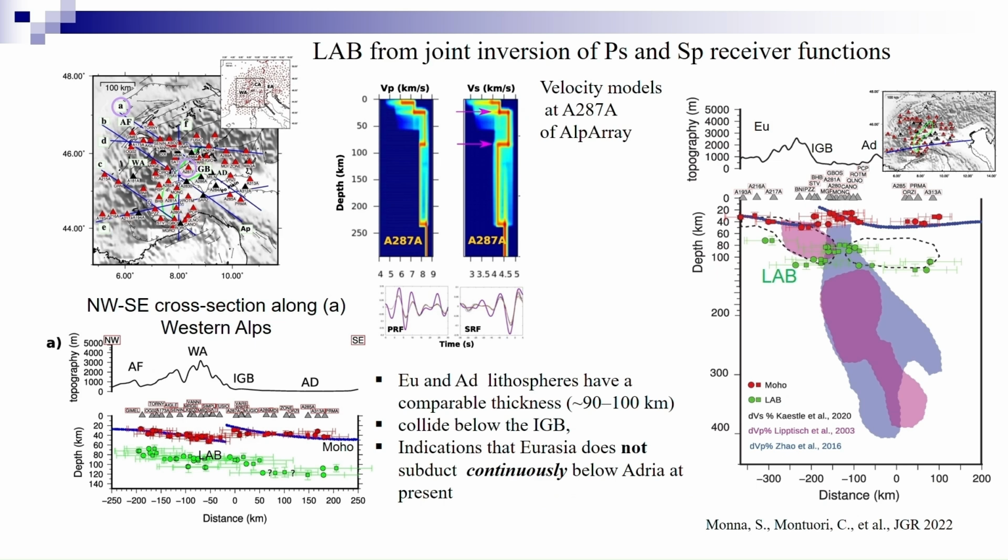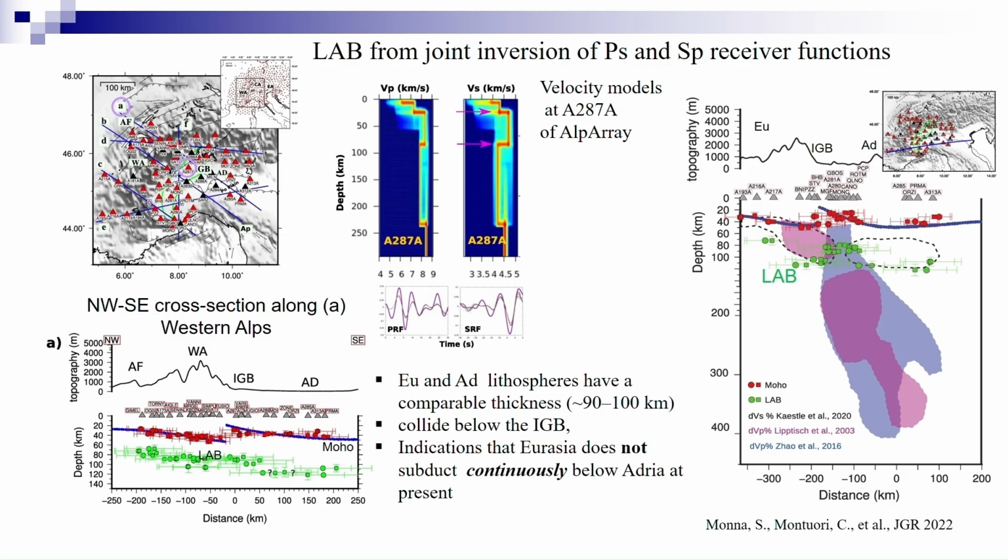The LAB can also be modeled by joint inversion of P and S receiver functions, as shown here for the Western Alps. Heat plots of the resulting VP and VS velocity-depth distributions are shown for one station in the middle of the area, sitting on the model cross-sections in the lower left.